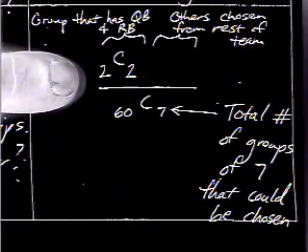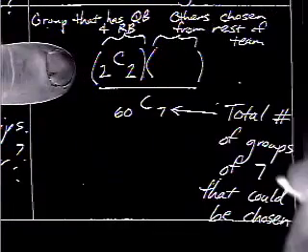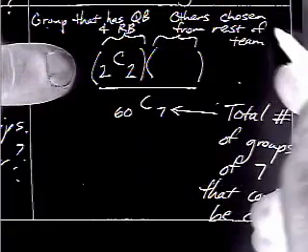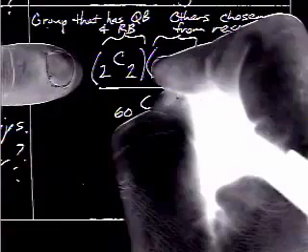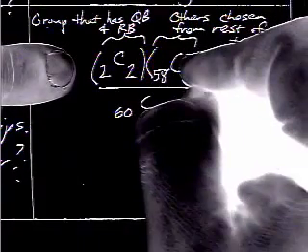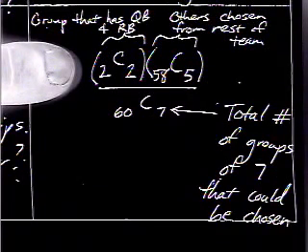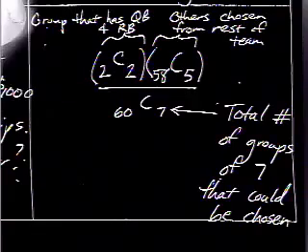The number there is 1. But we're going to multiply that times another number. Of the others from the rest of the team, there are 58 remaining players. We want a group of 5 of them, because 5 plus the quarterback and the running back makes 7.